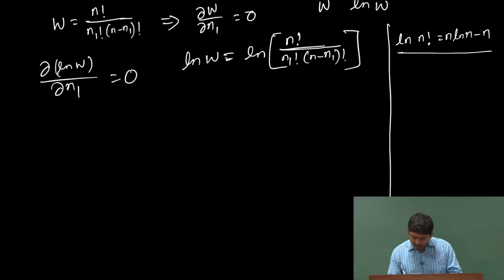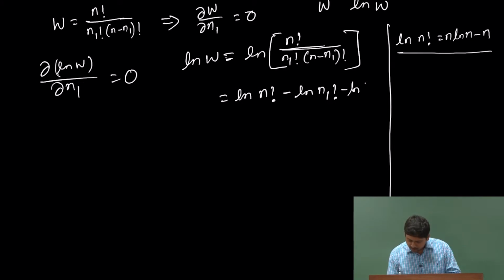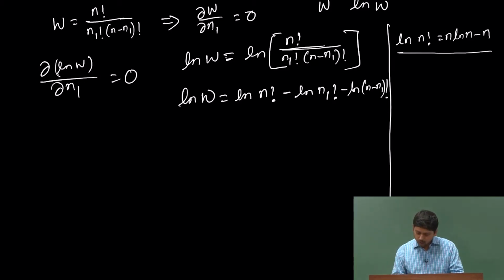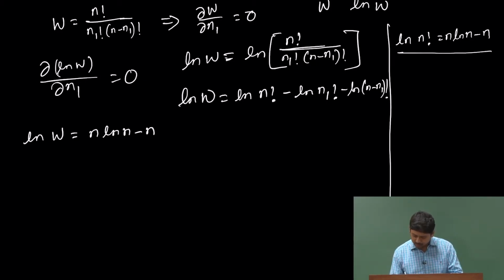So, let us simplify ln W a little bit. It is ln n factorial minus ln n 1 factorial minus ln n minus n 1 factorial, that is my ln W. So, I will simplify it further. So, ln W is equal to n ln n minus n, that is my first term.